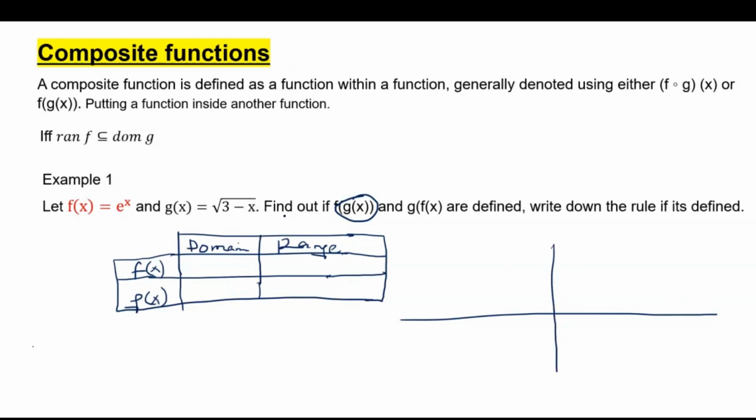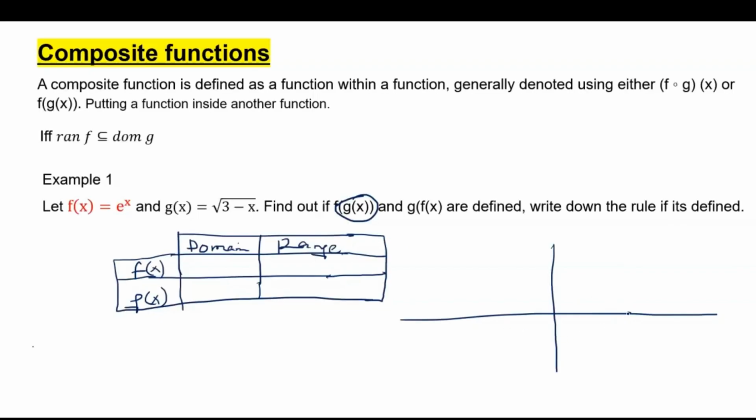well, if I sketch this, it's going to be something similar to this. So that's going to be my g of x.